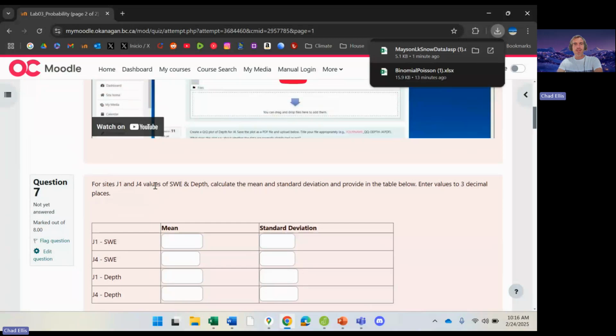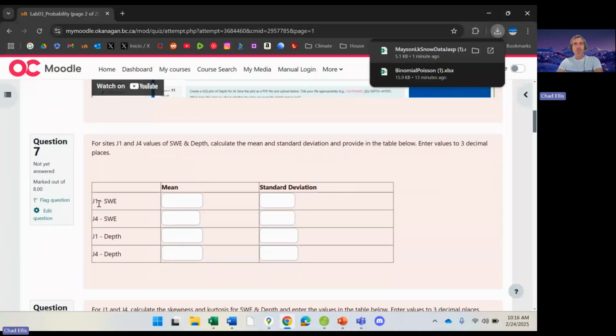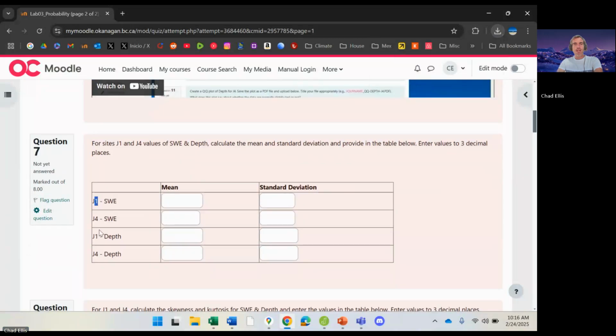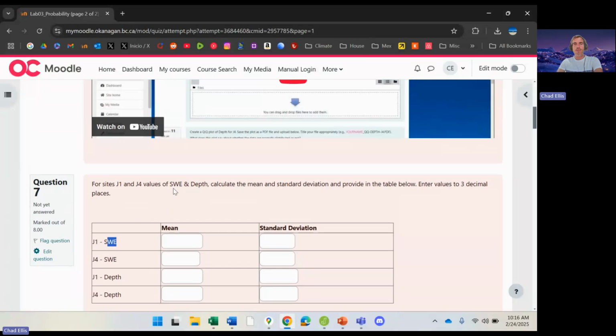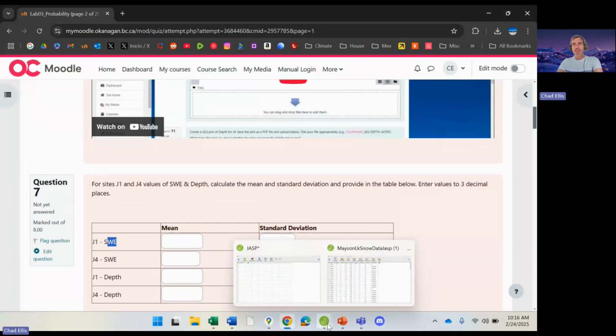descriptive stats. Okay. So again, we have two sites, J1 and J4, and we have different variables, snow water equivalent and snow depth. Snow water equivalent, SWE, is how much water is in the snow. So the first thing we're going to be doing is calculating the mean and standard deviation in the table below.